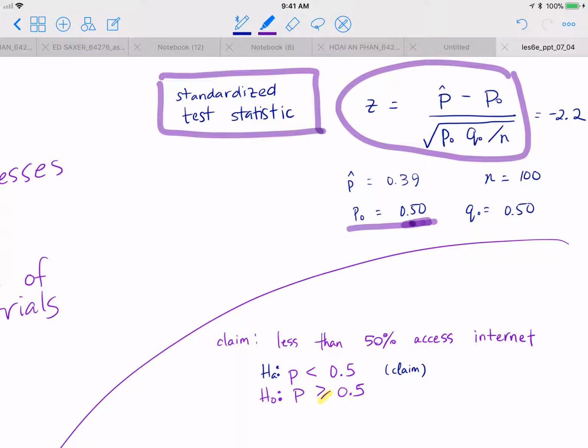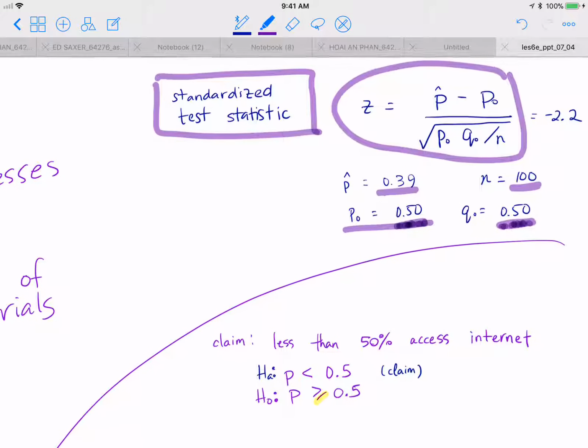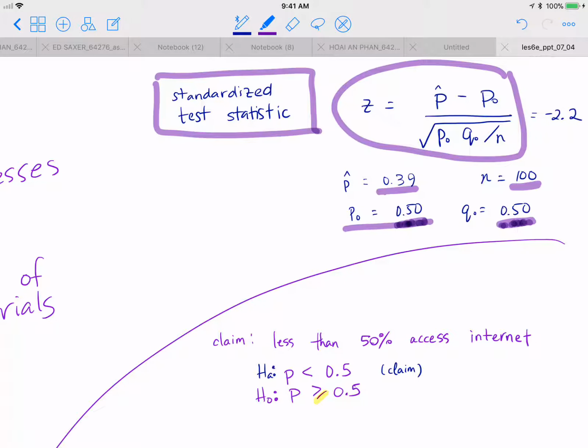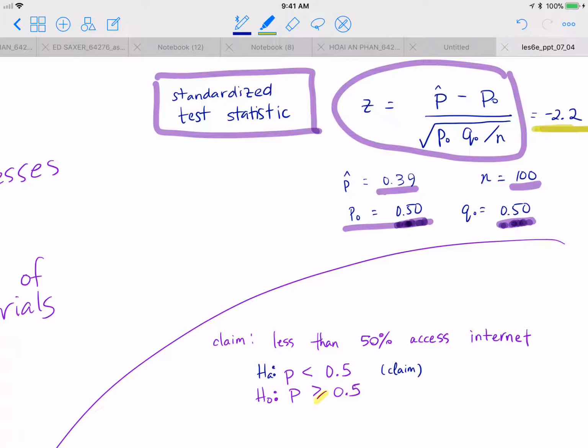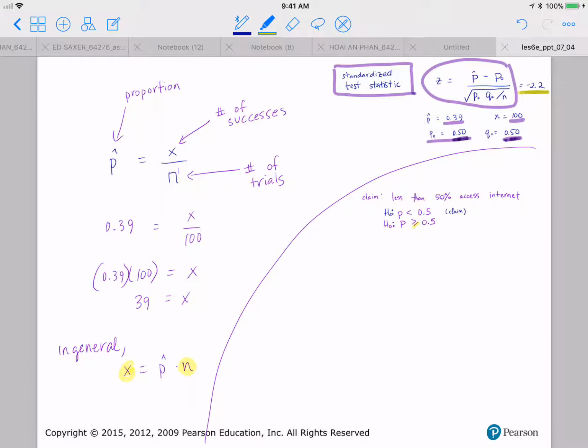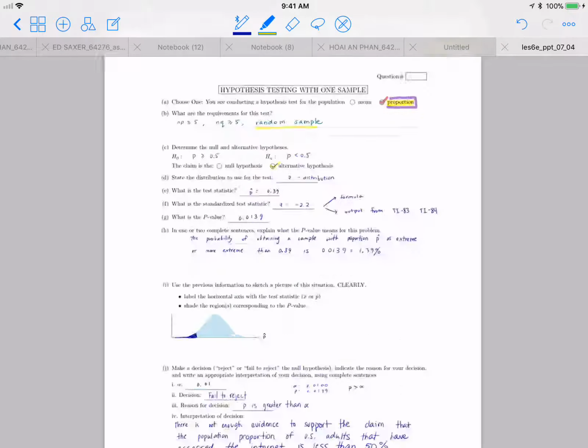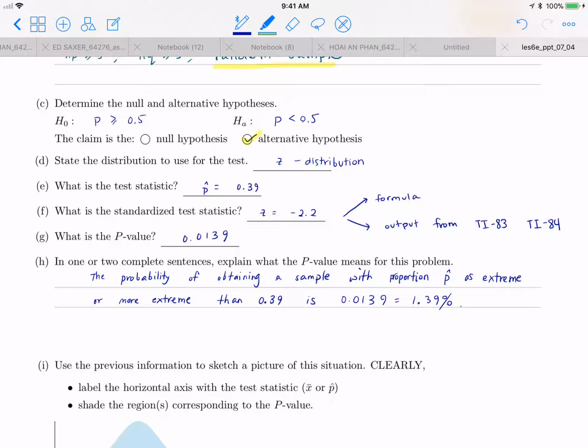And q naught is the probability of failure, so it'll be 1 minus p naught, which is 0.5. The n is 100, and the p hat is 0.39. So when you do that, you should get your standardized test statistic equal to negative 2.2. That's why we have here that our standardized test statistic is negative 2.2.